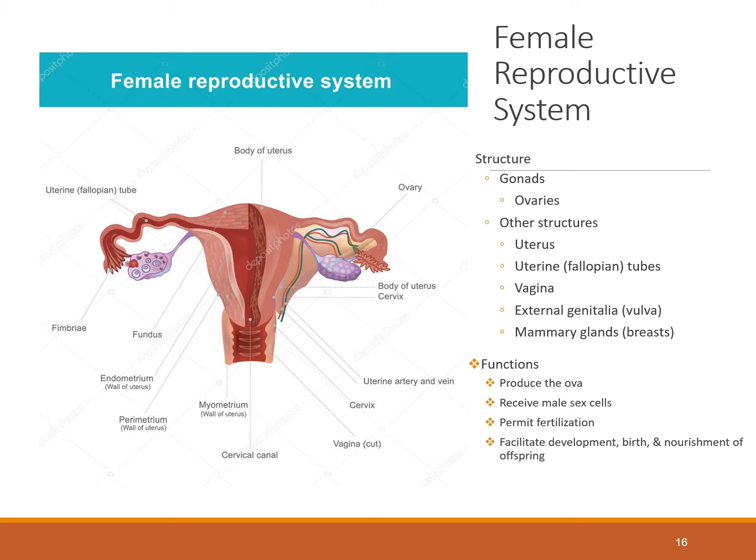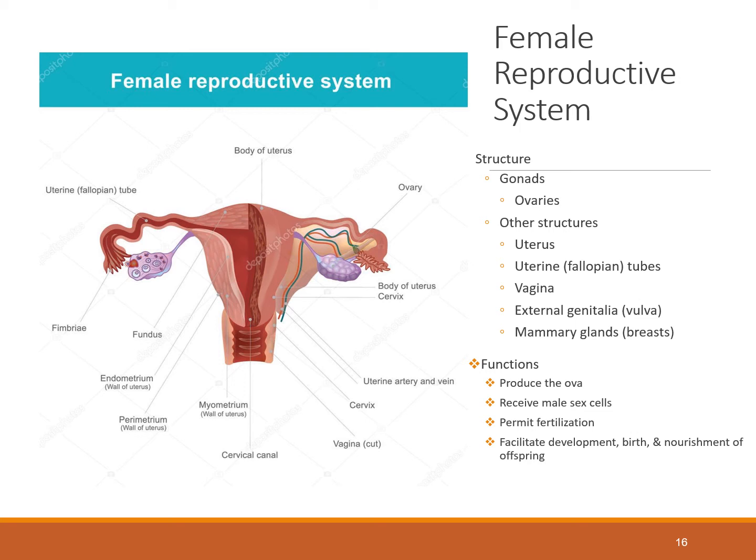Other structures related to the female reproductive system are the uterus, the fallopian tubes, the vagina, the external genitalia, and the breasts. The functions of the female reproductive system are similar to the male reproductive system in that it receives the male sex cell and permits fertilization.